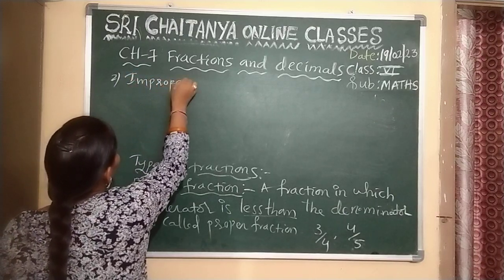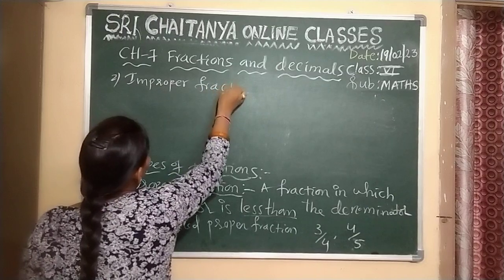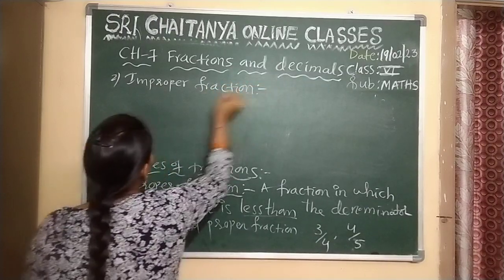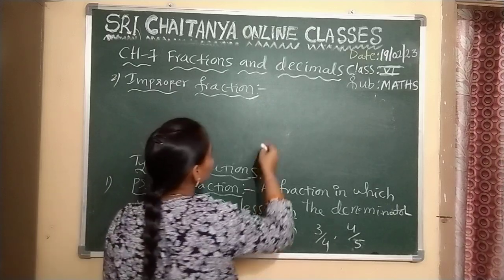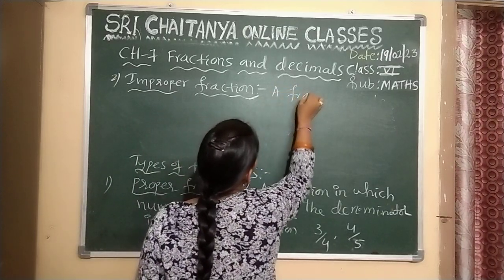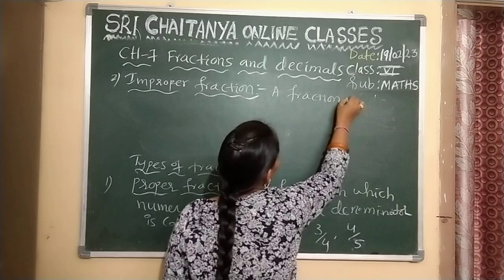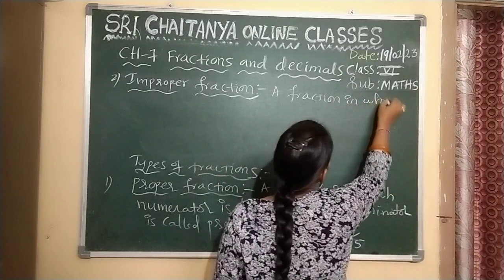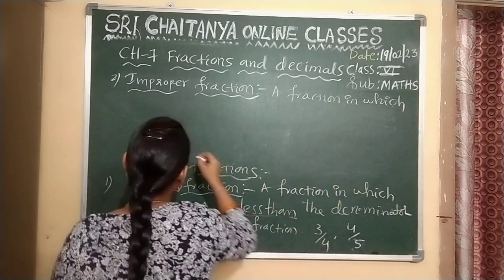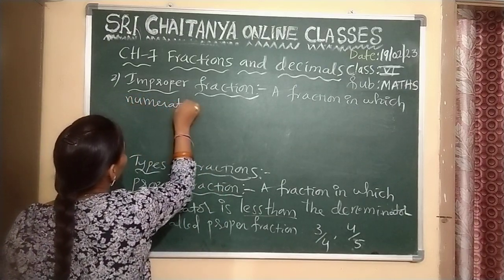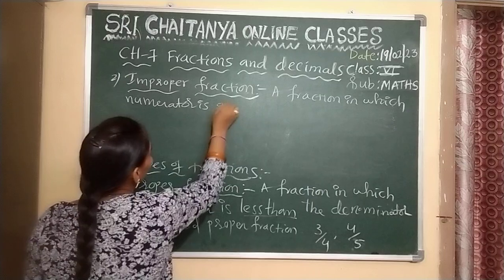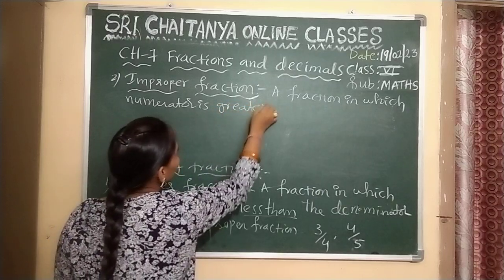An improper fraction is a fraction in which the numerator is greater than the denominator.